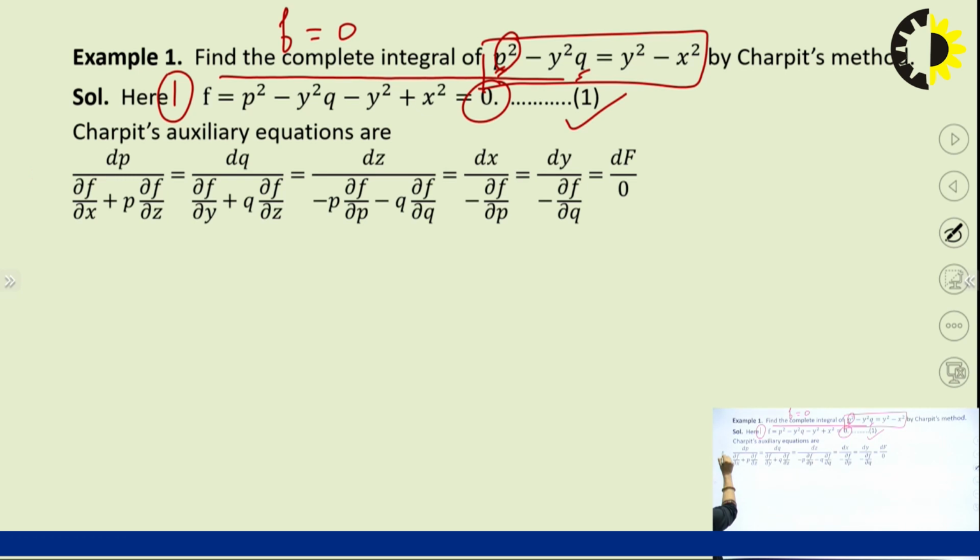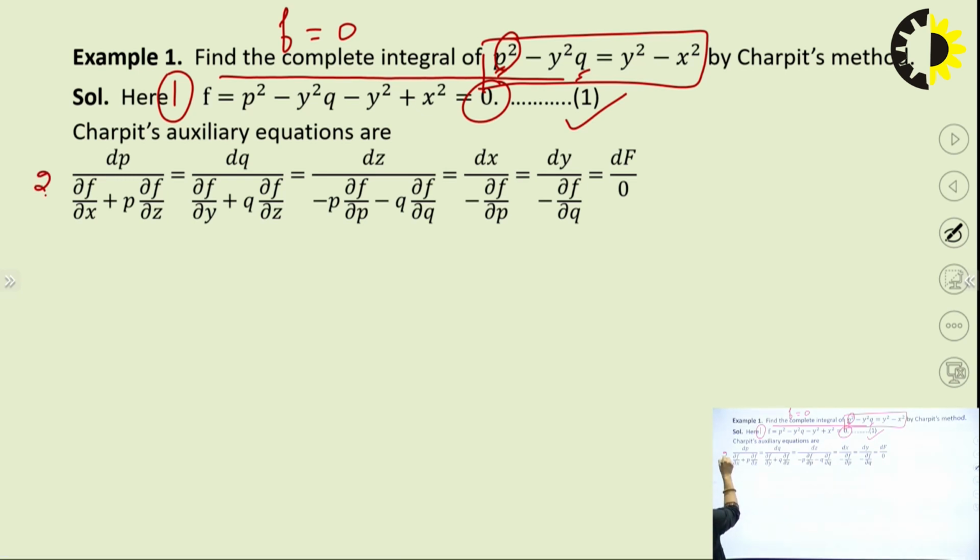Second step is to write the Charpit auxiliary equations. You can see here we can observe many partial derivatives of f. We have to find all these partial derivatives, that is, the partial derivatives of f with respect to x, y, z, p and q.